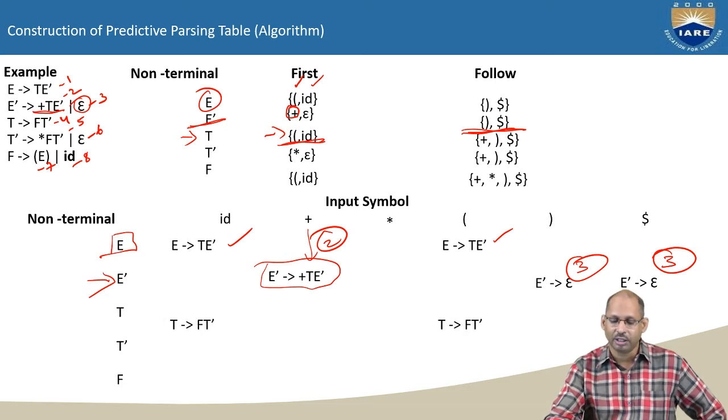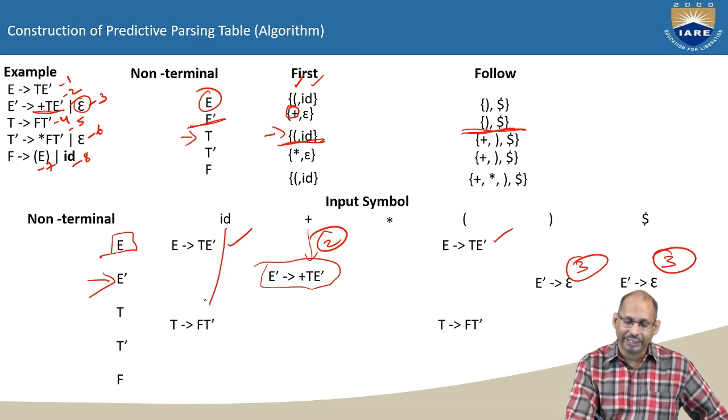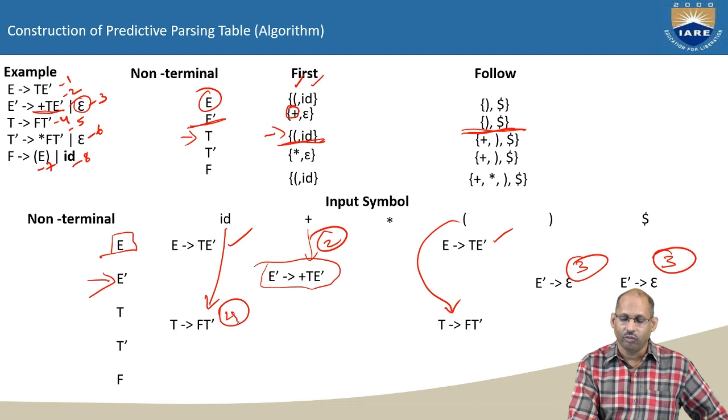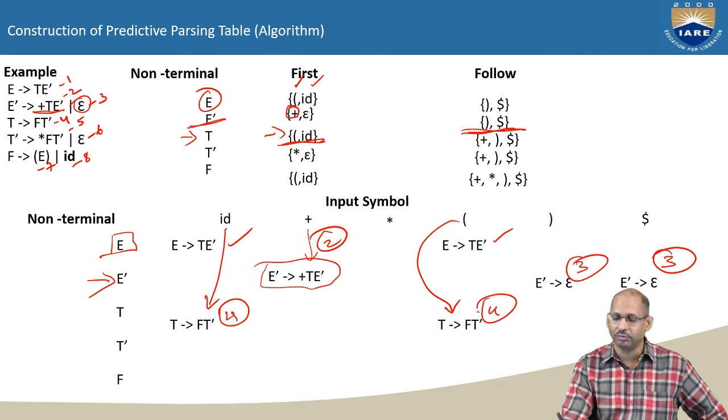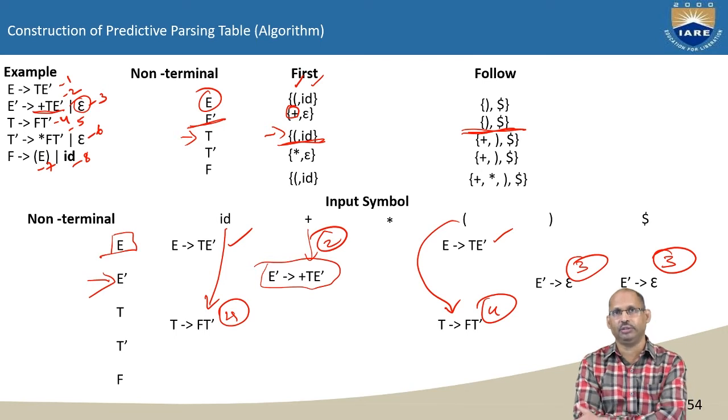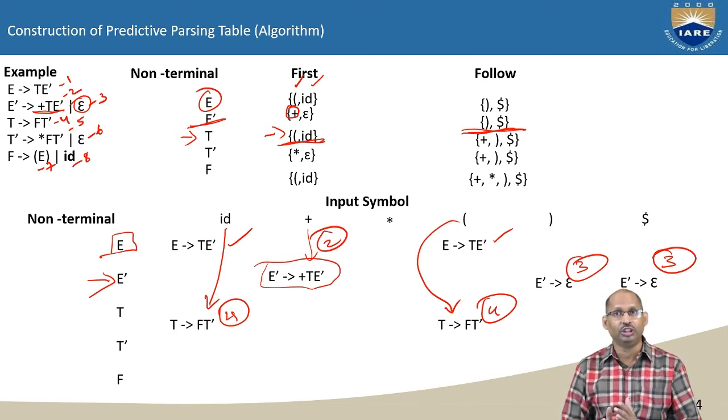So in the place of id and left parenthesis, we are writing the fourth production. To find where we write it, we find the first of that variable T. The first of variable T is giving left parenthesis and id.